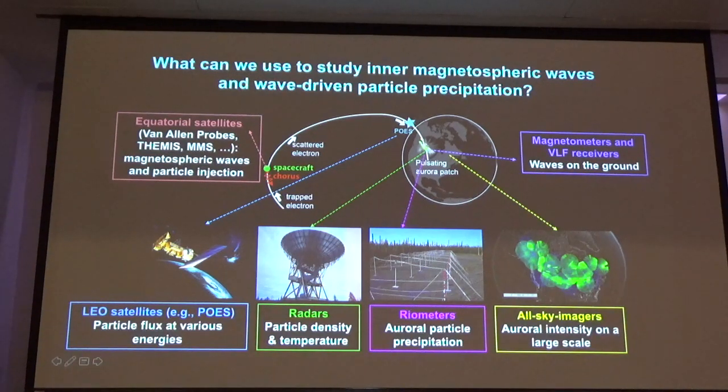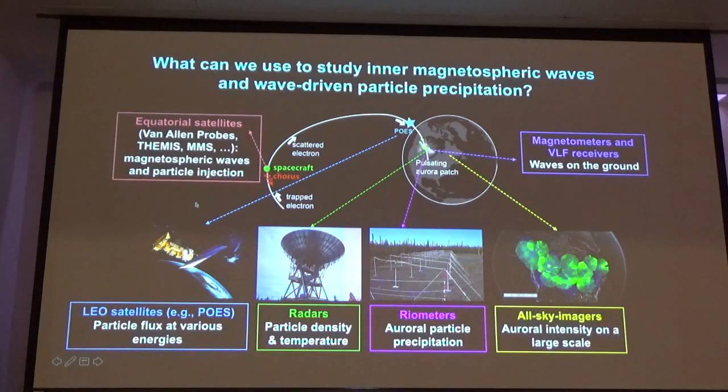In the low altitude, we have a variety of LEO satellites, which can measure the particle flux, as well as radars and riometers, which can infer the particle precipitation. Moreover, we also have a variety of all-sky imagers, which can monitor the large-scale aurora evolution on a global scale. In addition, we have magnetometers and VLF receivers on the ground, which can measure the waves that probably propagated from the equatorial magnetosphere.